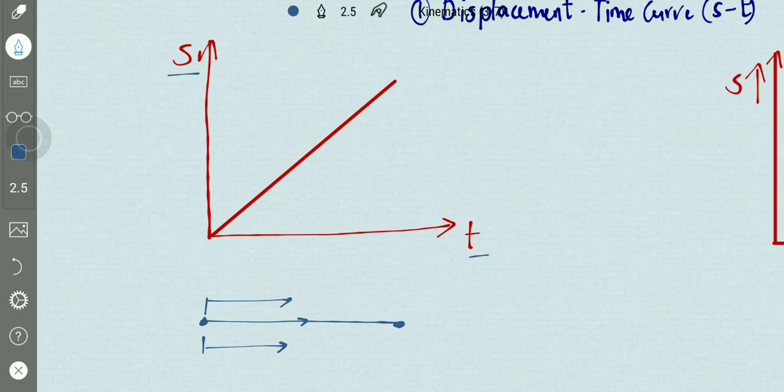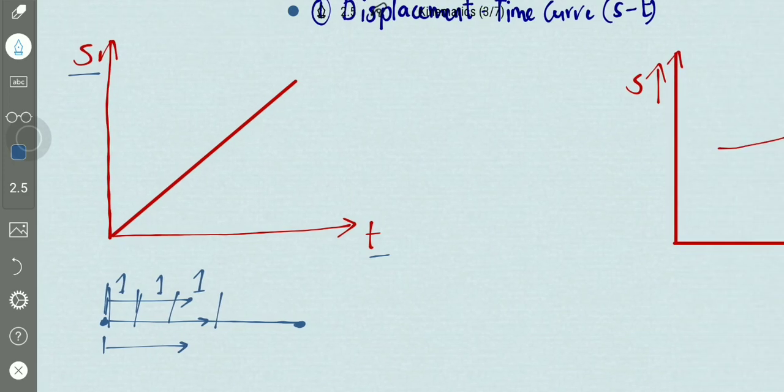That means for every second the displacement is the same. In 1 second, if the distance traveled is 1 meter, in the second second also 1 meter, and in the third second also 1 meter. So the displacement time curve for uniform motion will be a straight line.